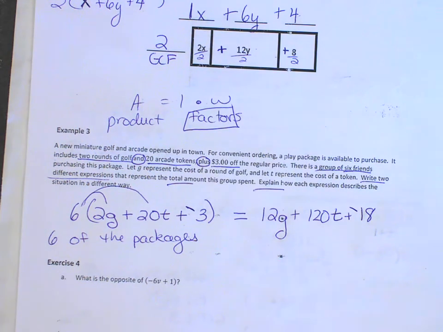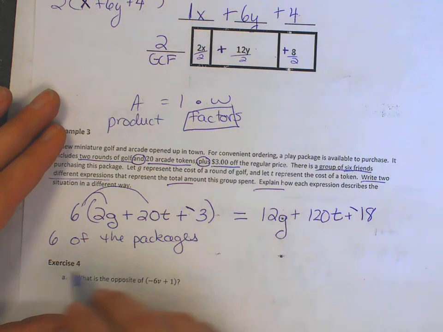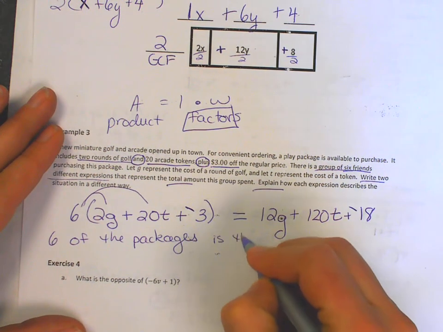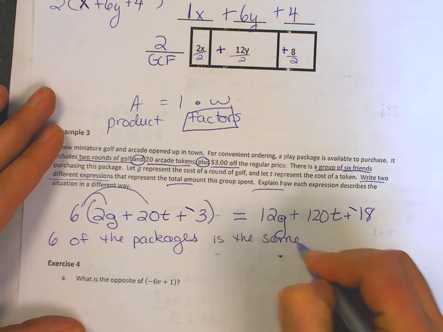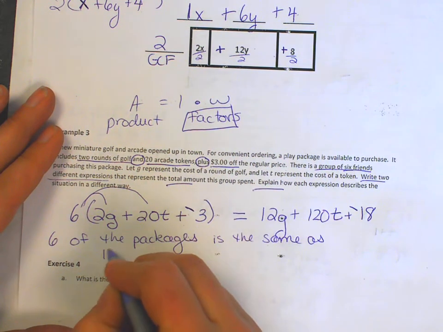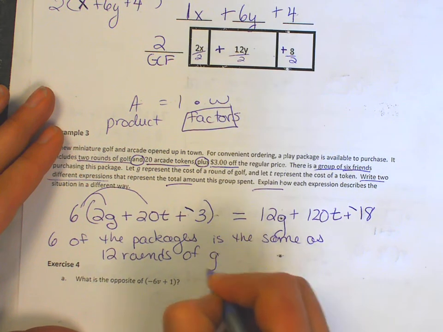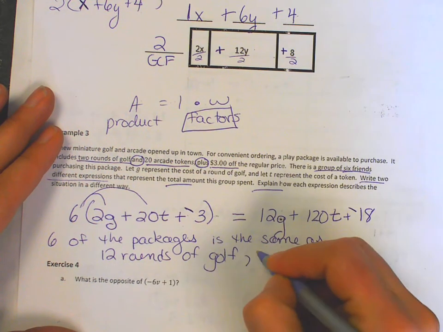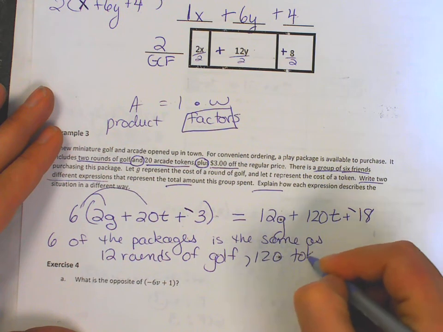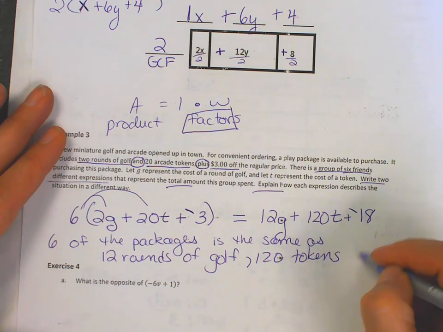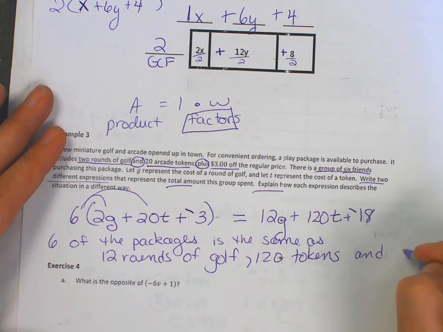And everything I just said, I have to write because they asked me to explain. 6 of the packages is the same as 12 rounds of golf, 120 tokens, and $18 off.